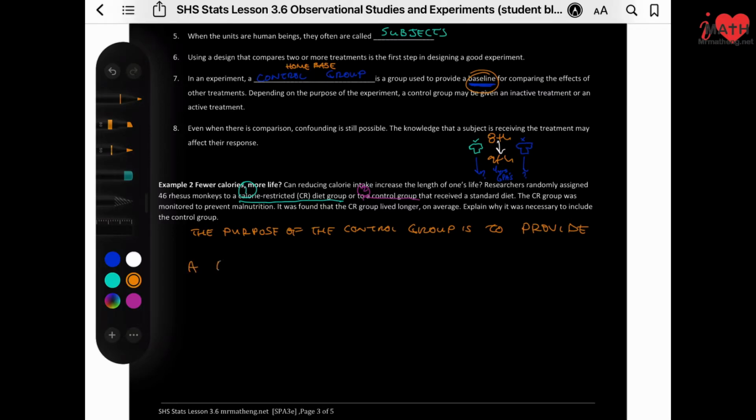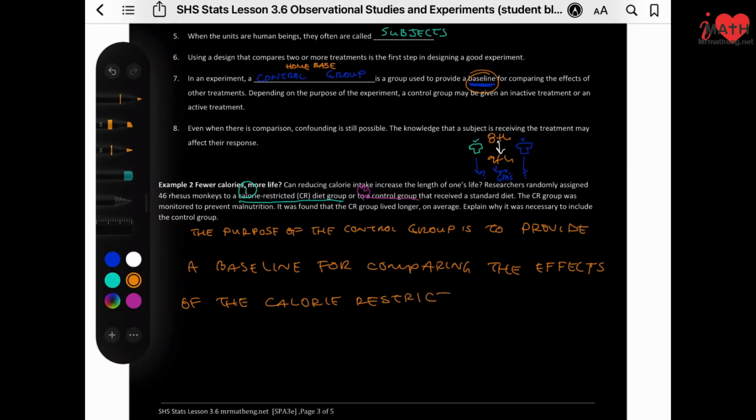A baseline for comparing the effects of the calorie restricted group.